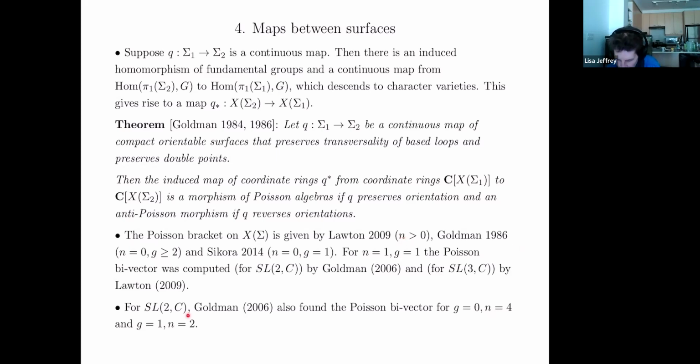For SL2C, Goldman also found the bivector for genus 0 with 4 boundary components, and also the torus, genus 1, with 2 boundary components.